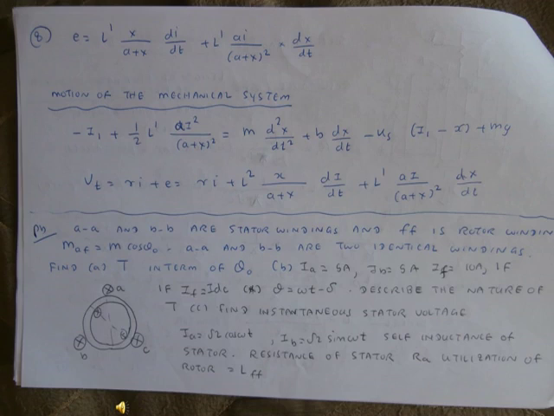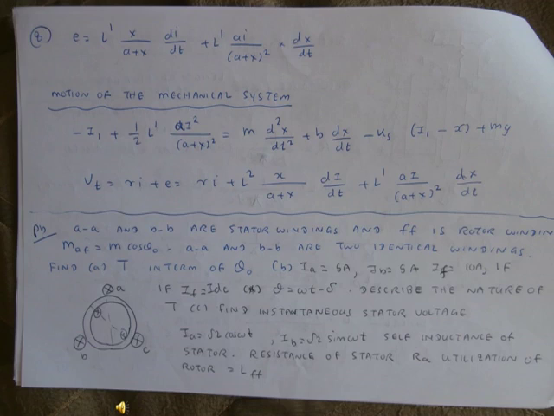Therefore, for the motion of the mechanical system, the inputs are the voltage and the force. In this case, we write down the input voltage equal to R I1 plus half A dash A I squared by A plus A squared, and the mechanical motion will be M d2h by dt squared plus B dh by dt plus Ks (L1 minus h) plus mg.